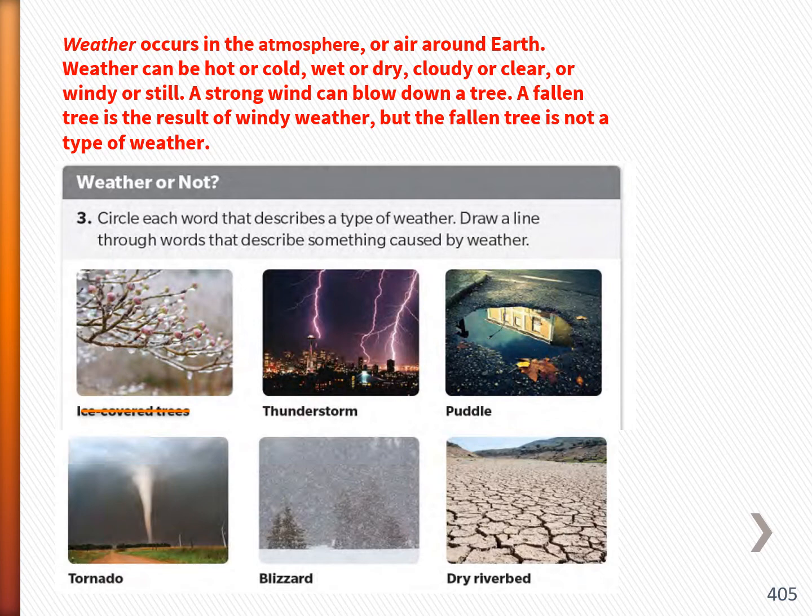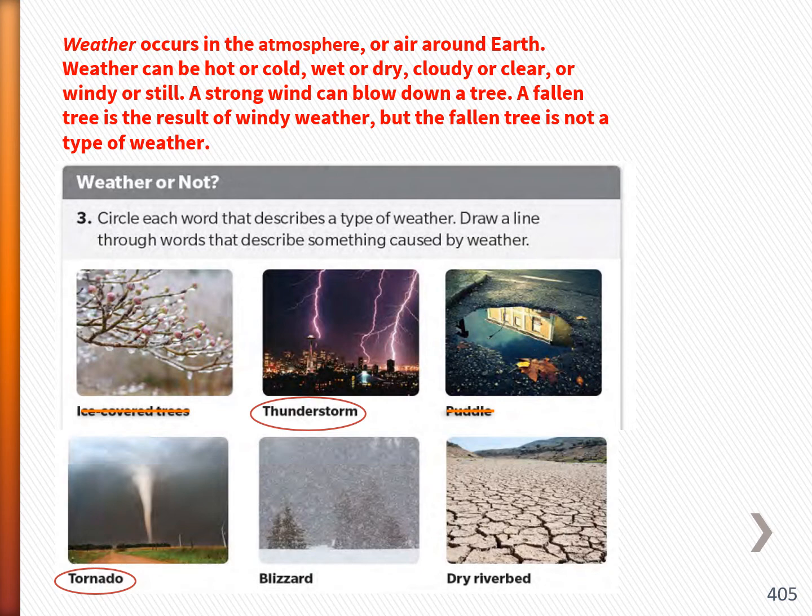Thunderstorm. Yes, it describes weather. Puddle. Excellent. It is caused by rainy weather. Tornado. Very good. We draw a circle because this word describes a type of weather.